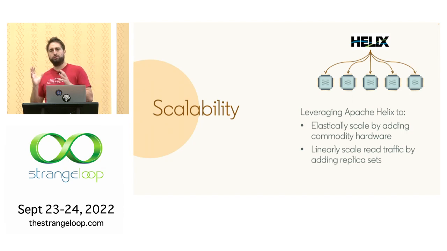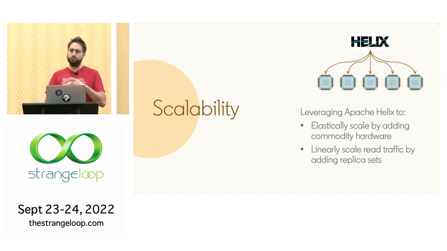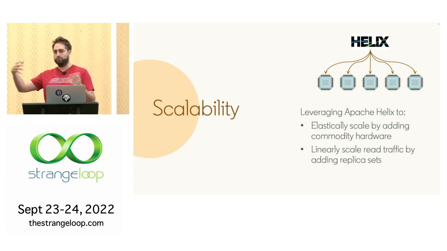And for the read traffic heavy use cases like the feed and PYMK, what we need to do to serve them is add more replicas of the data because they're doing so many queries. So we achieve linear scalability in that scenario by grouping the partitions into replica sets.